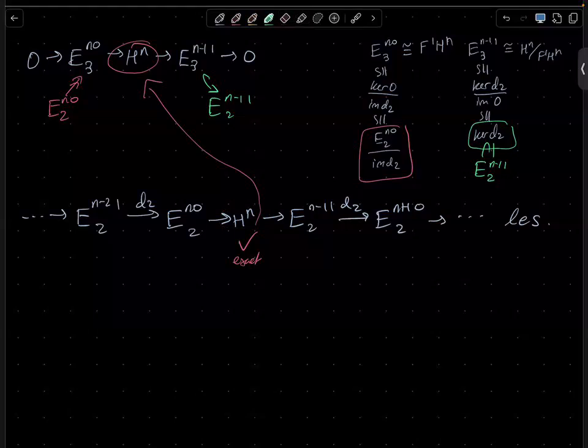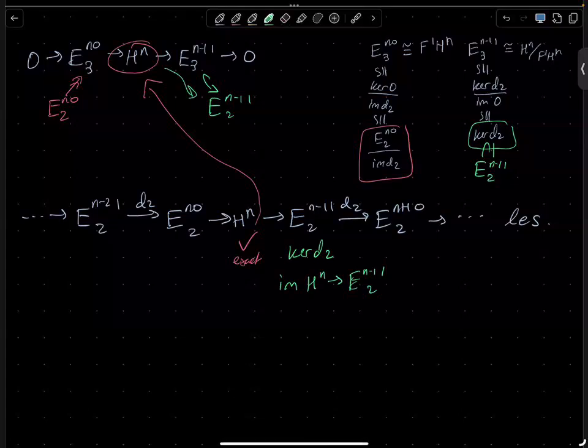So I need to look at the kernel of the D2 map going out of E_{n-1}^{1}. So I have the kernel of D2, and I have to compare it against the image of the map H_n. Well, it's E_{n-1}^{1,2}, but that map is just the composition of these two.